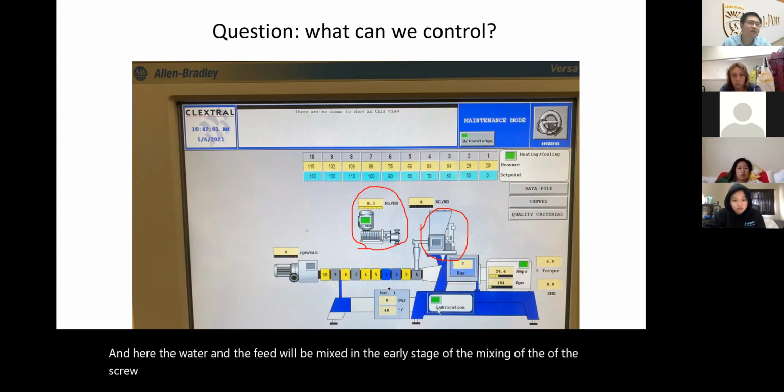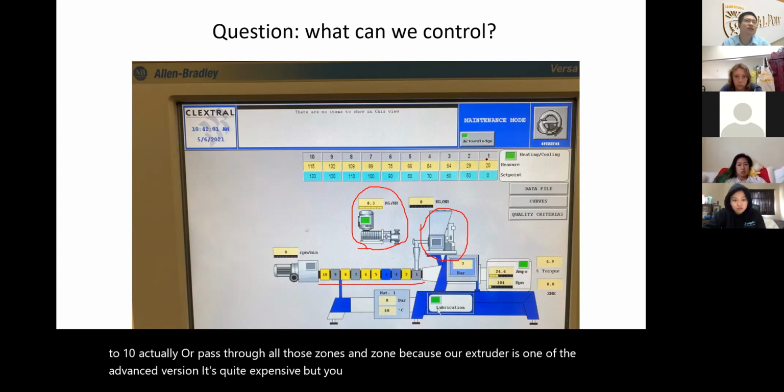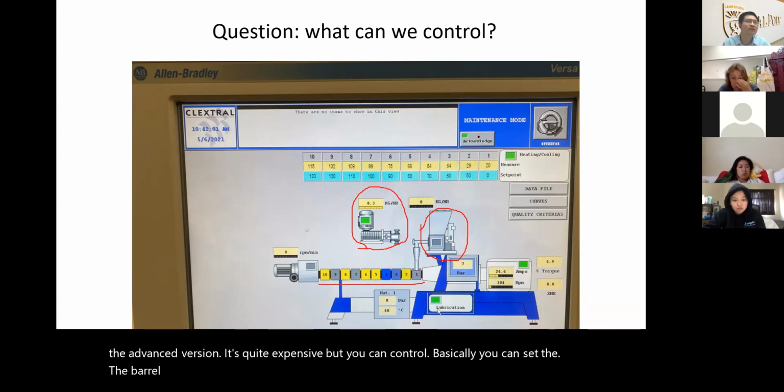And here in the screw part, you can see the screw actually has 10 zones. Basically from 1 to 10, the material will pass through all those zones. Okay, and because our extruder is one of the advanced versions, it's quite expensive, but you can set the barrel temperature at all 10 zones. Okay, so for zone 1, we can set it to 20, and the actual might be 10, 0, and it'll be changing.